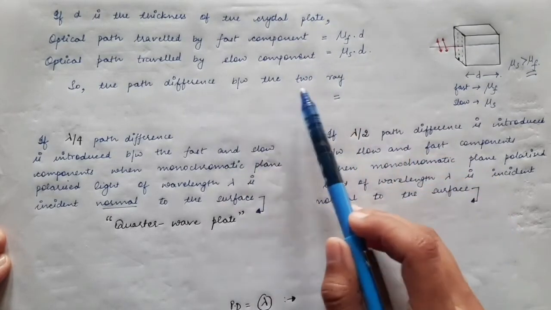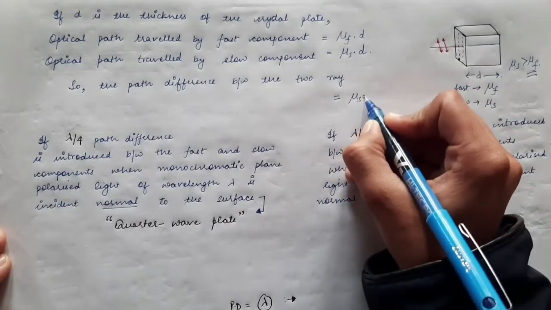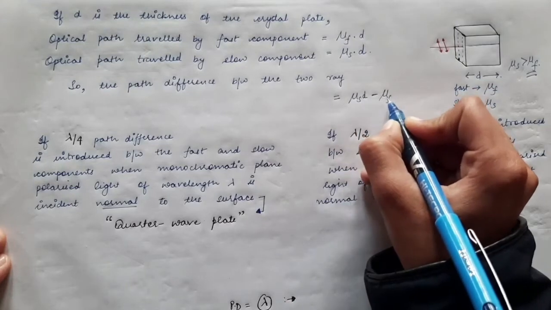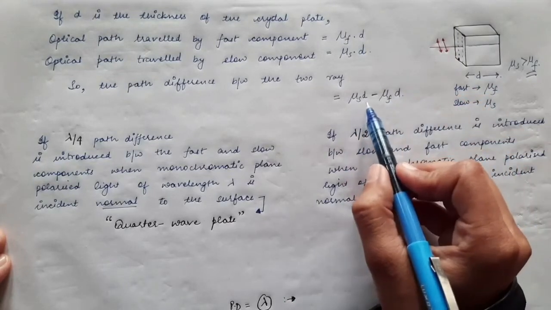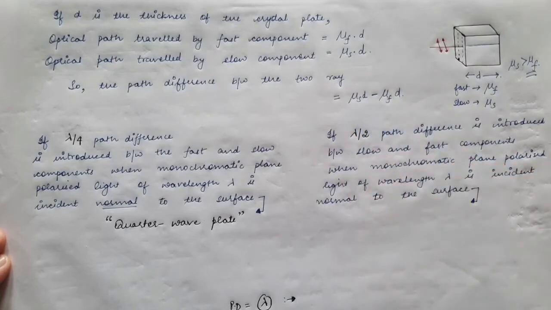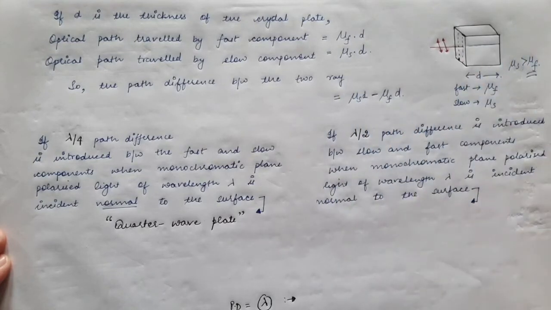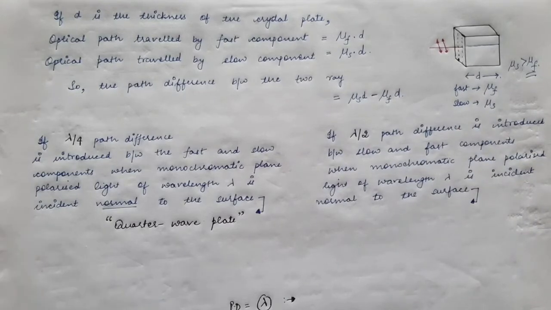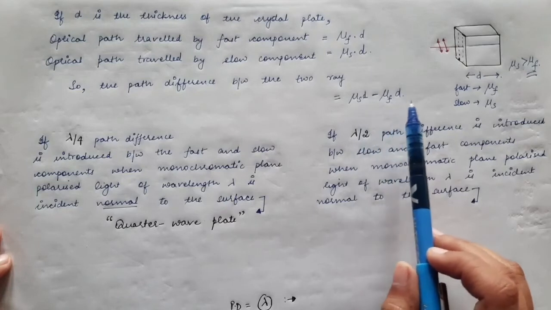The path difference will be equal to mu s into d minus mu f into d, because mu s is greater than mu f, therefore we have taken this term in front. So this is the path difference between these two rays when they emerge out of the plate, the general expression of the path difference between the two orthogonal components.